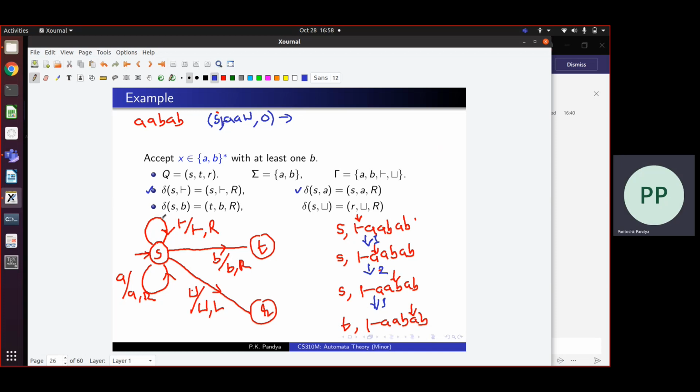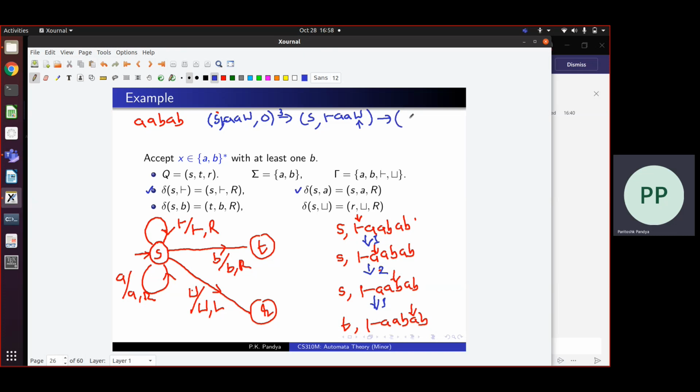Using the first transition, I'll skip over this left-hand marker, then I'll skip over A, and I'll skip over this B. And so in 3 transitions, I will reach a configuration where I am in state S and the tape is still AA blank and my head is positioned here.